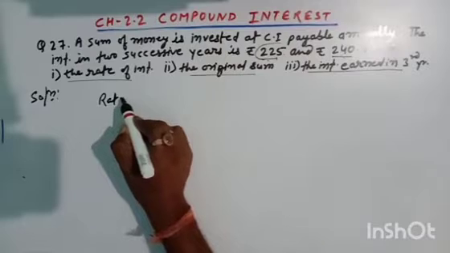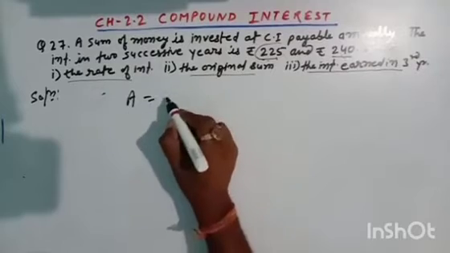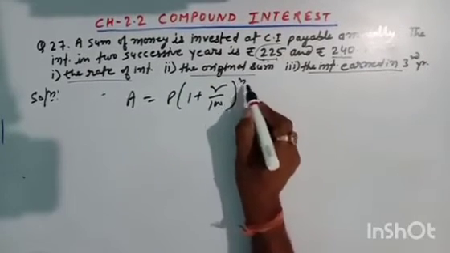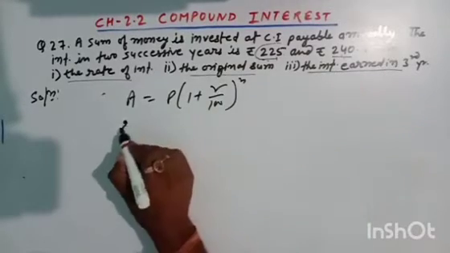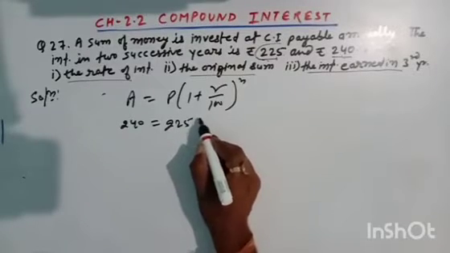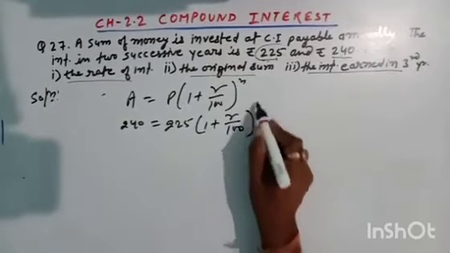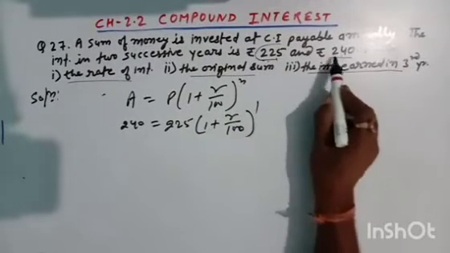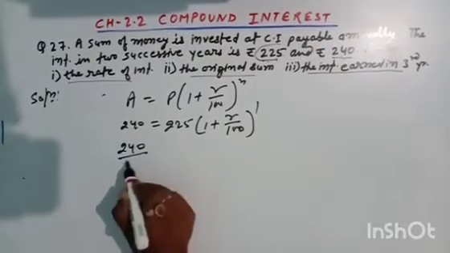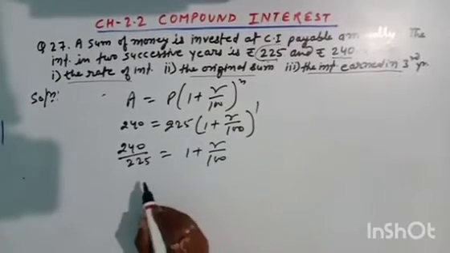Finding the rate of interest, write the formula: amount equals P into 1 plus R by 100 to the power n. Now the amount is 240, and 225 we assume as the principal. R is not given, and time is 1 year, because these are two successive interests. So 240 by 225 equals 1 plus R by 100.